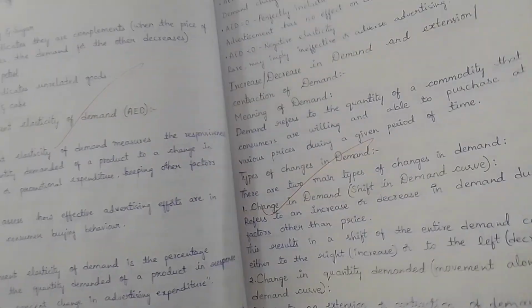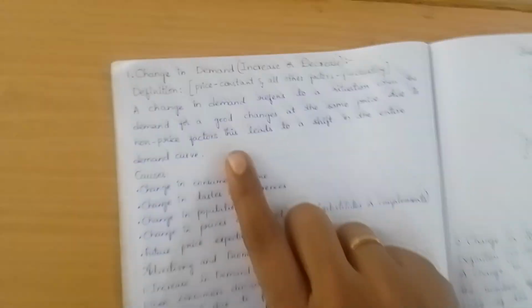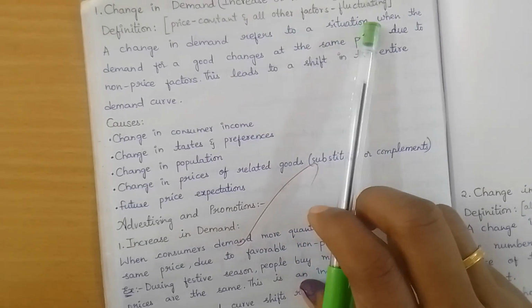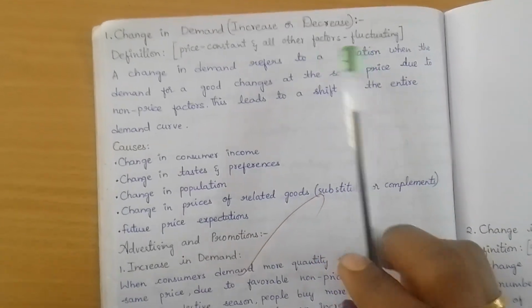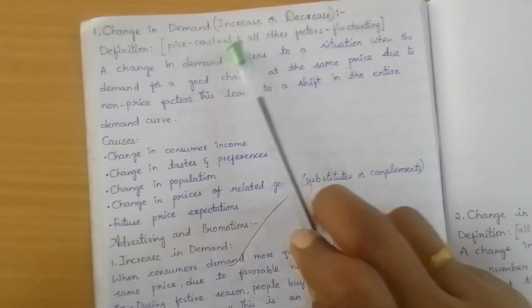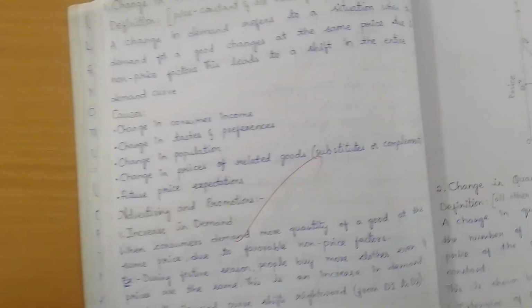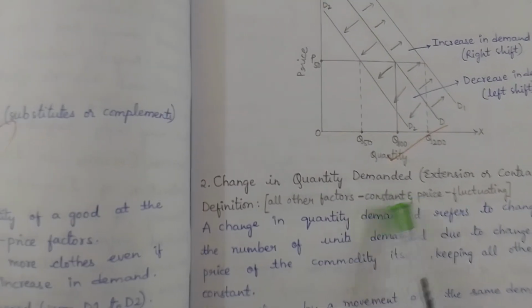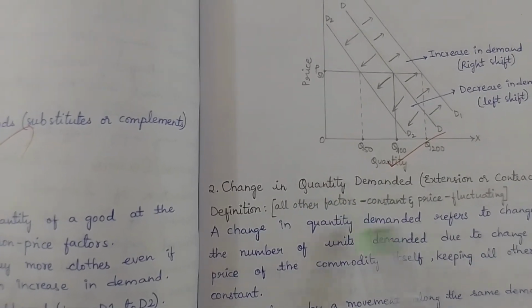So what you will have to remember here is change in demand, which happens very importantly, you will have to remember price remains constant and other factors keep fluctuating. When it is increase or decrease in demand, price is constant. Remember this. On the other hand, here the price keeps fluctuating and all other factors are remaining constant, which is extension or contraction.